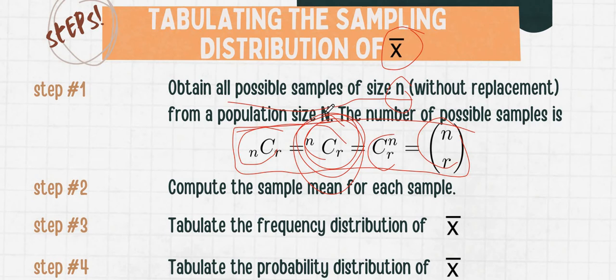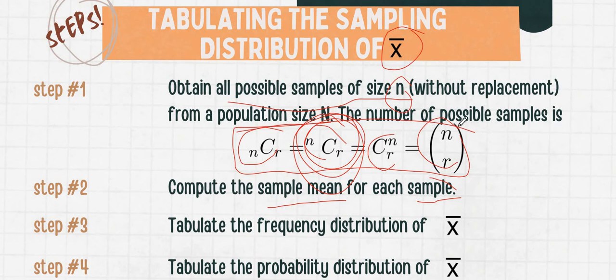Step number 2. After you get all the possible samples, you list them down. Then we compute the sample mean for each sample. Just now we listed down all the samples, and now we find the mean for each sample. There may be many samples in step one, maybe 15 or 10.